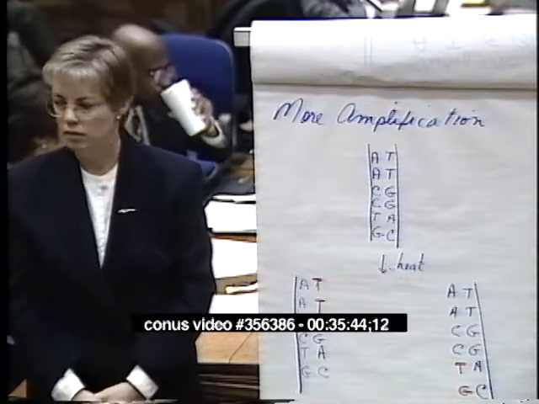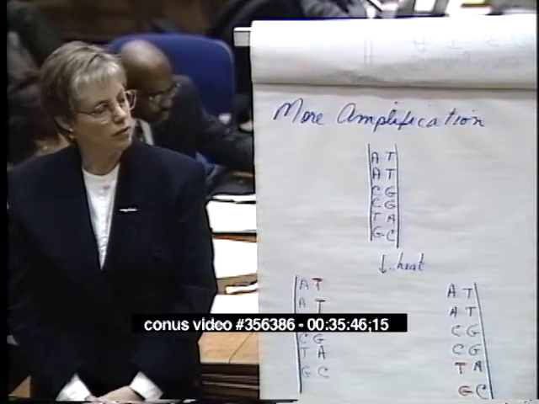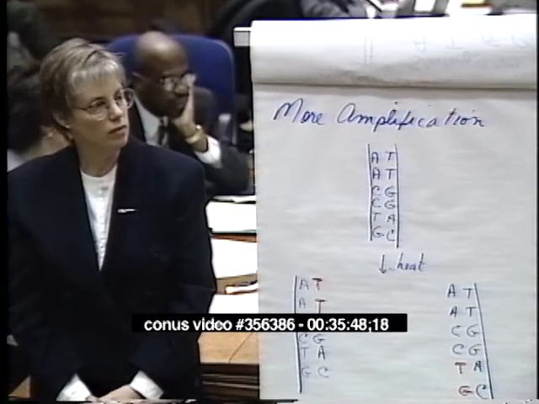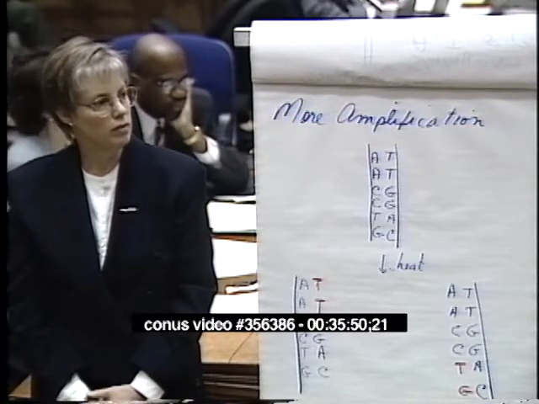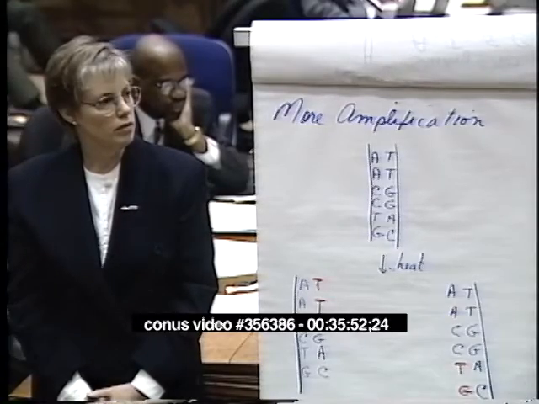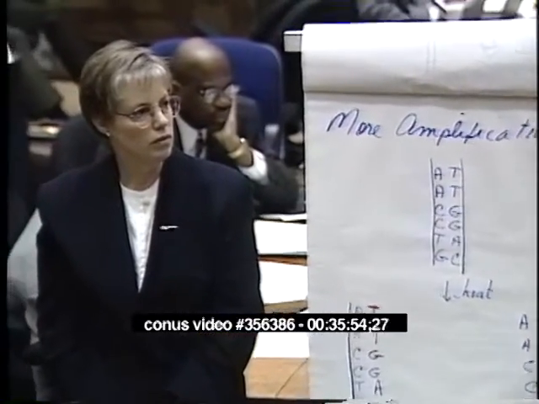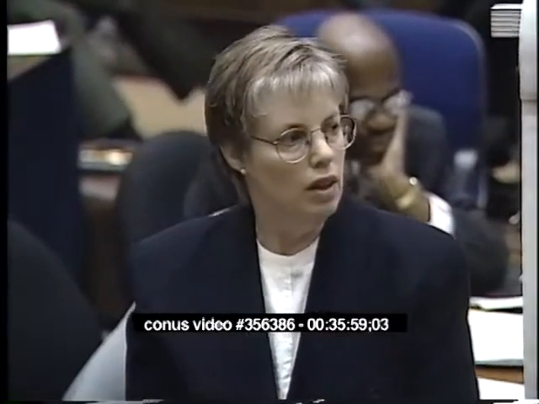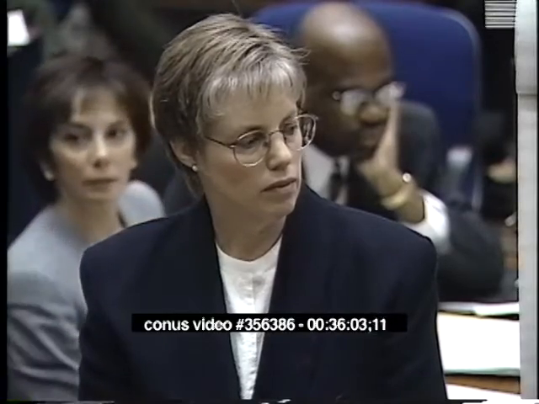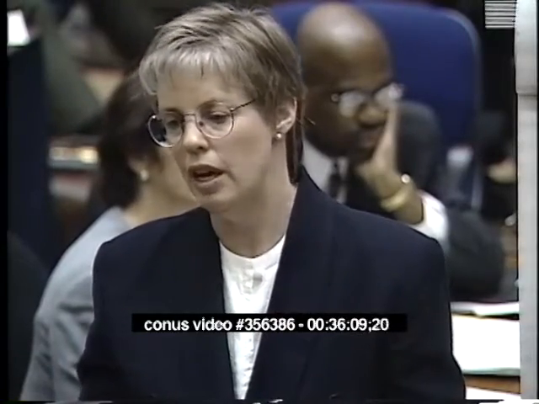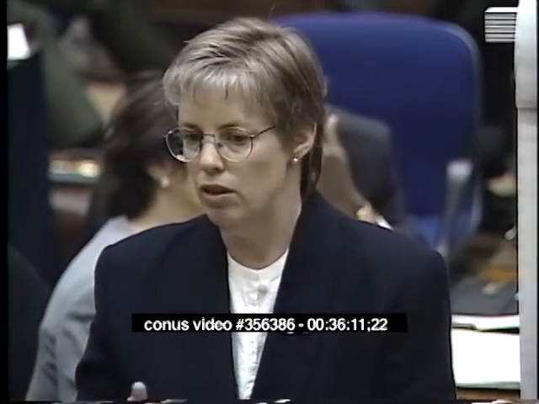With regard to, and now just referring very briefly to the large chart, which I believe is People's Exhibit 248, as far as this, and you have described the second step on this chart, amplification, is that right? That's right. With regard to the third step, is that the final basic step in this process of PCR typing? That's right. Now you've made lots of copies of your DNA, and you want to look at it.